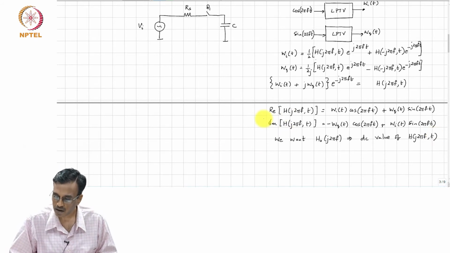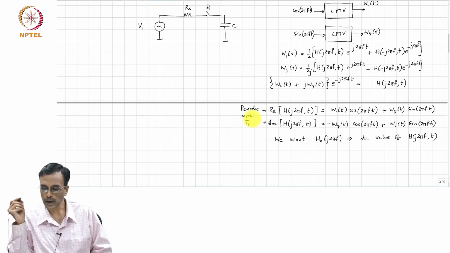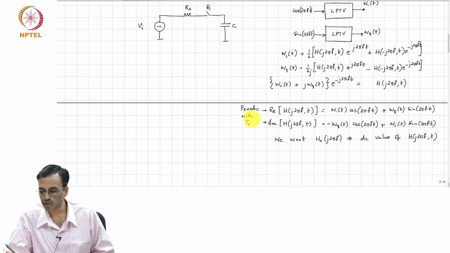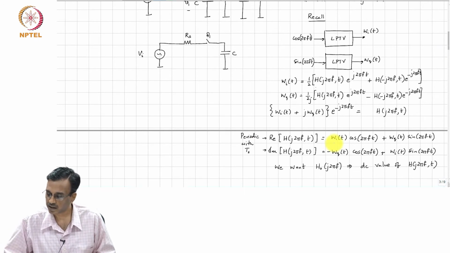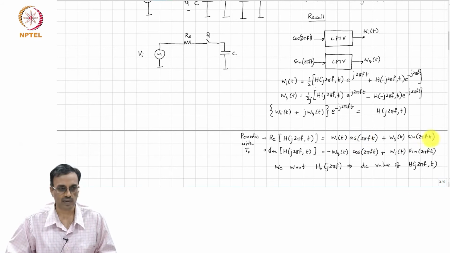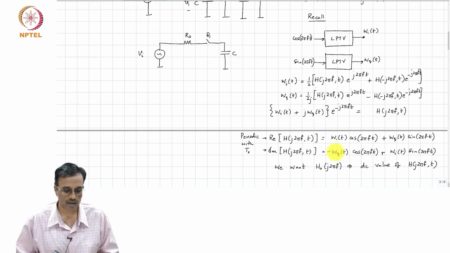Remember, because this is LPTV, both will be periodic with period Ts. Okay. So, we want the DC values of the real part of H of j 2 pi f comma t and the imaginary part of H of j 2 pi f comma t. And to do that, what do we do? We should excite the LPTV system with a cosine and with a sine, and therefore, look at the two outputs Wi and Wq, and from there we can go and calculate these things.